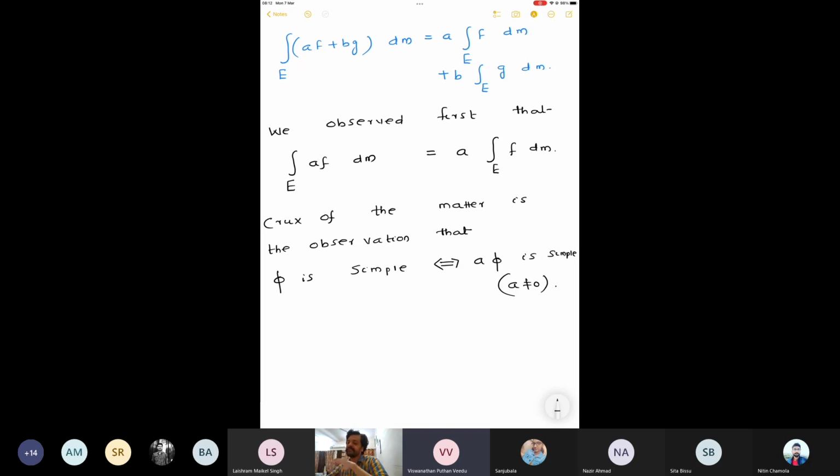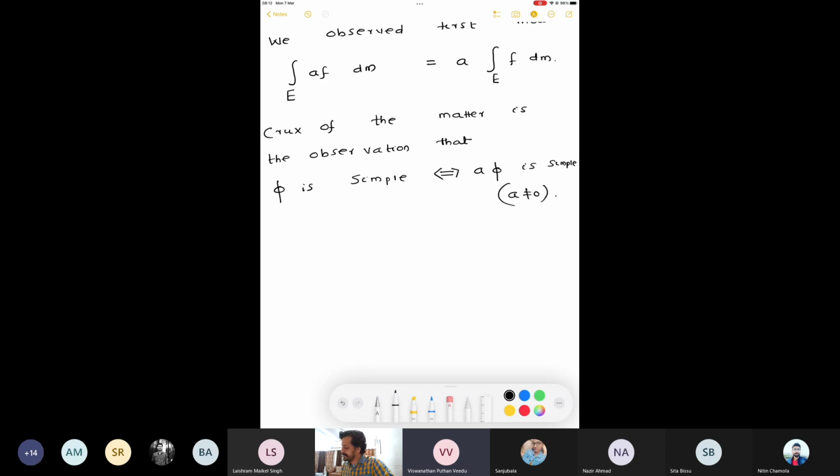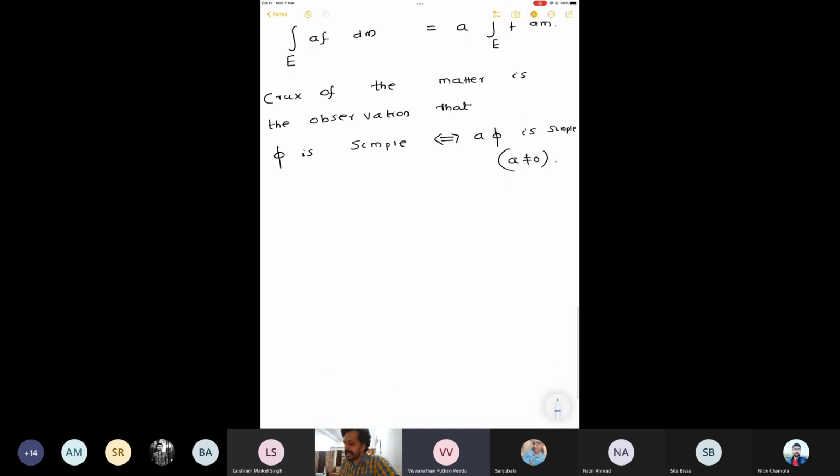Using this, we split the proof into two cases, a greater than 0 and a less than 0. But while writing the detail for a less than 0, we made a mistake. Thanks to one student, I forgot his name, who emailed me. So let me clarify that. Let a be less than 0.